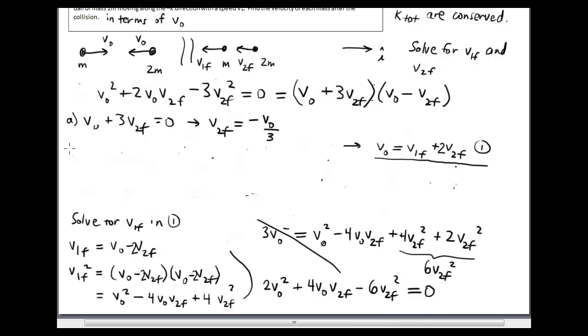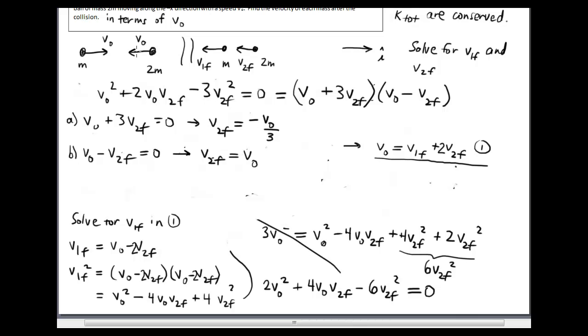Let's look at the second possibility, B. That would say that v0 minus v2f is equal to 0, or that v2f is equal to v0. Now let's look at that for a second. Look at the picture. If v2f is equal to v0, that would be the same velocity as that mass had initially.